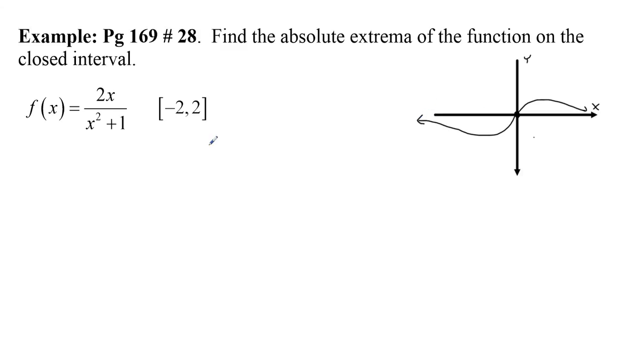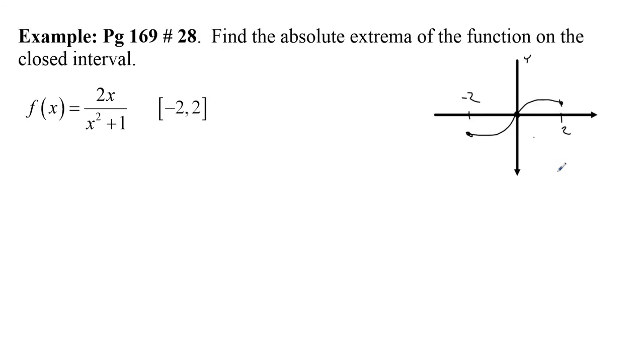Now, here's the thing. This function only goes from -2 to +2, so I really don't care about any of the stuff out here, just these endpoints right here and right there.